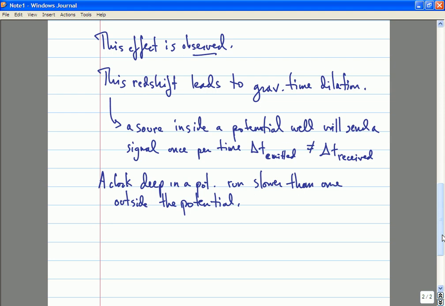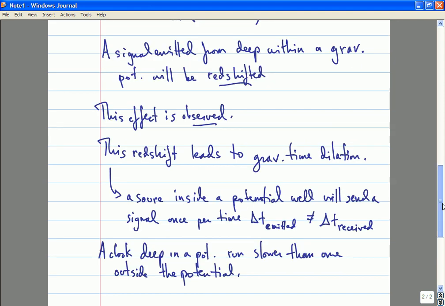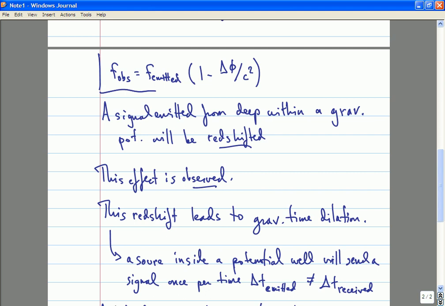Well, just using this formula here for the frequency, we remember that the frequency is the inverse of the amount of time it takes between emissions of the signal, or between sending successive peaks of this light wave.